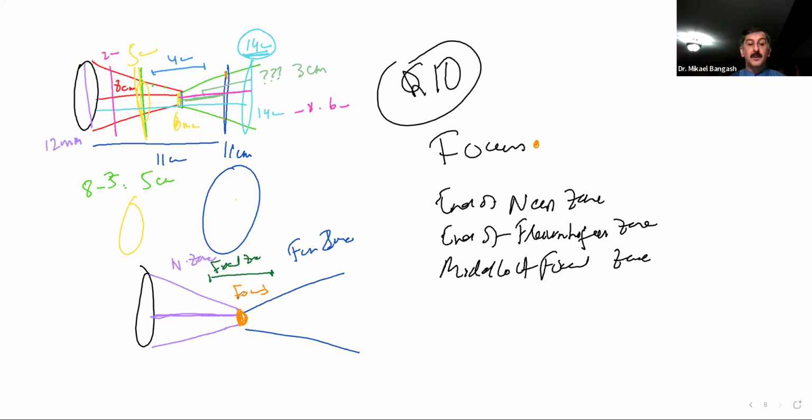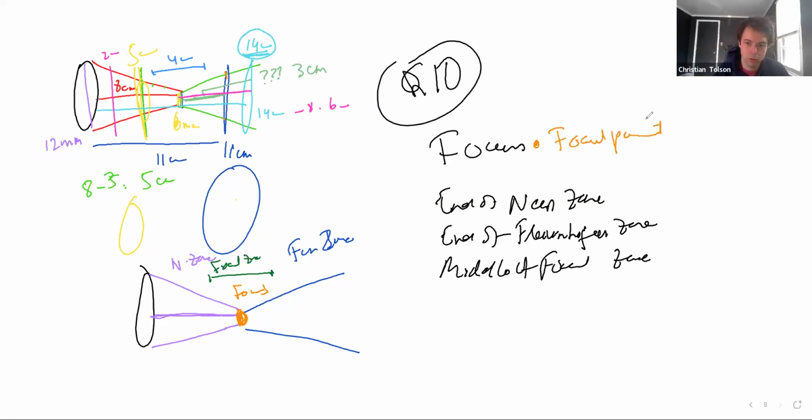The point where your near zone ends is what you call the focal point. Can focal point go under another name? Yeah, focus. The focal point is just the point at which you focus.